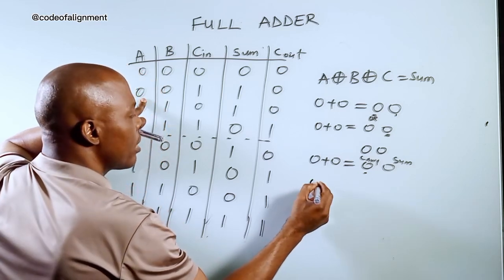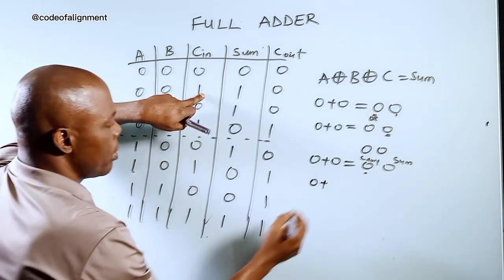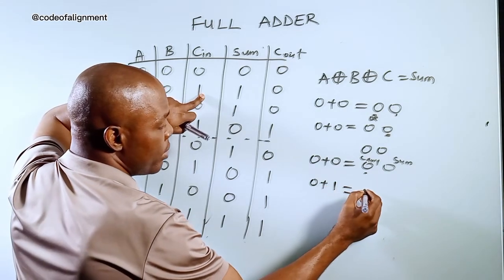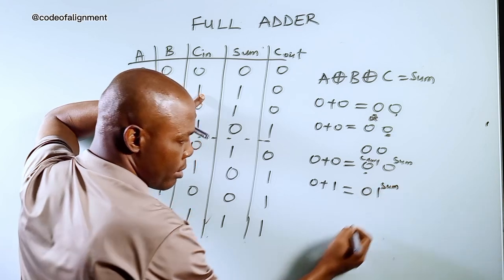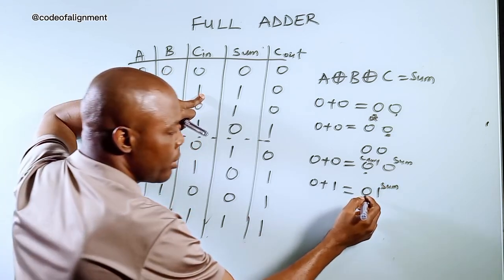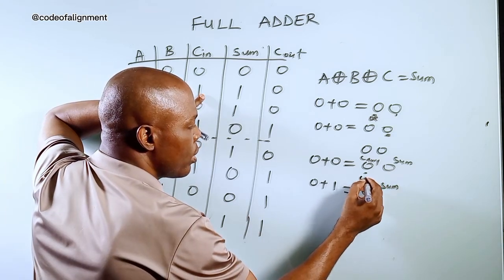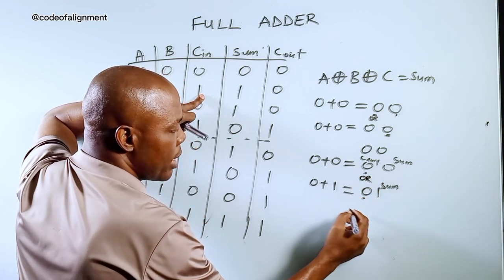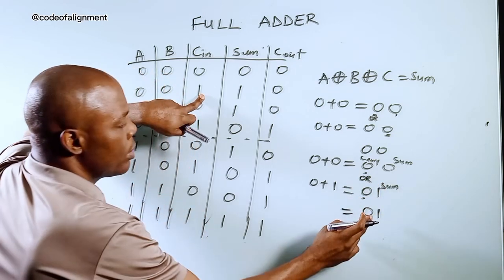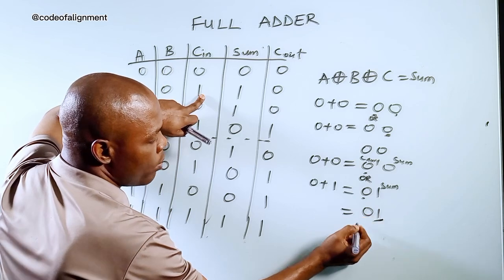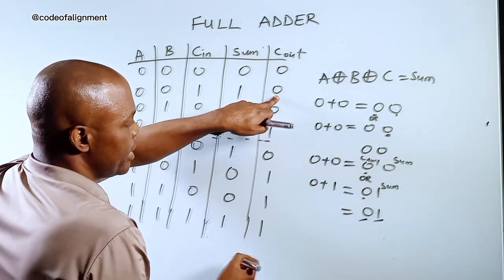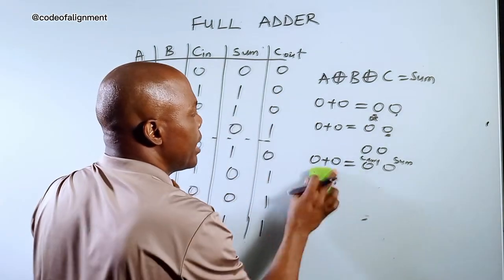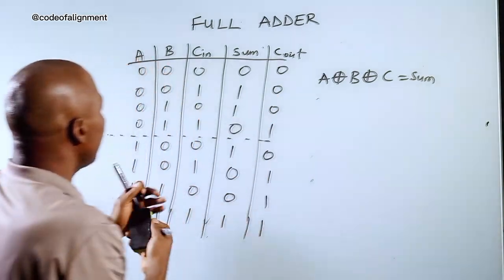So this sum plus this one, which is 1, that will give you 0, 1. So this is sum again because we are looking at the exclusive OR part, but this is the carry part. So if you add this together, that will give you 0, 1. So the final sum is 1 and the carry is 0, right? Final sum is 1, carry is 0. So that works. Now let's test it again for this guy.